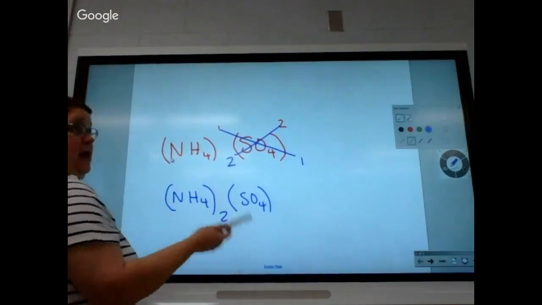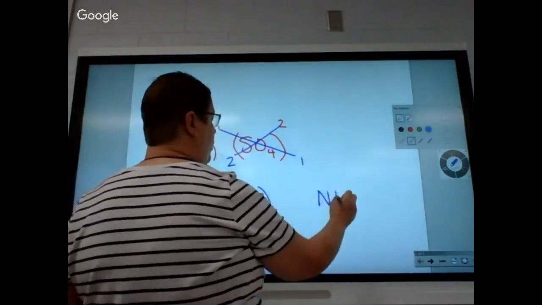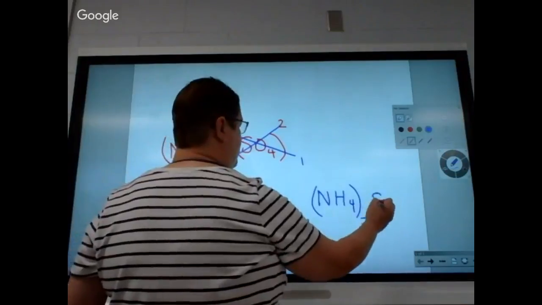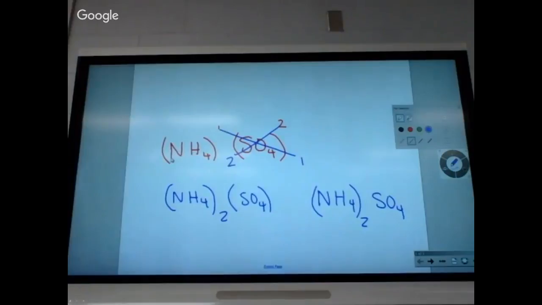You can either leave it like that, which is what I wrote on the paper, or you can have NH4 with a 2, and dump the parentheses and just write SO4, which is what typically happens, because we don't usually write the parentheses where there's nothing on the outside. Either answer would be correct.